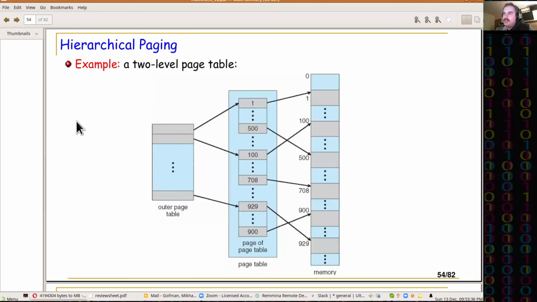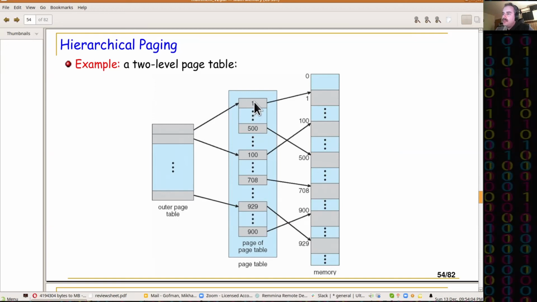That is, there is an outer page table, and each entry in the outer page table points to another page table. And then each entry in that page table actually contains the resolution of the virtual address to the physical address. Now, this is a 2-level page table. So there is an outer page table which contains pointers to a bunch of second-level page tables.